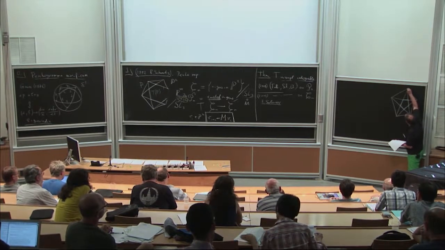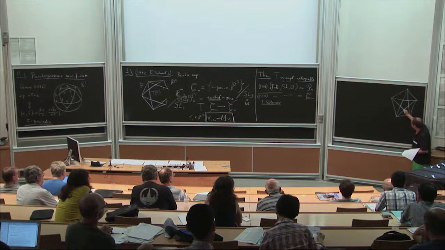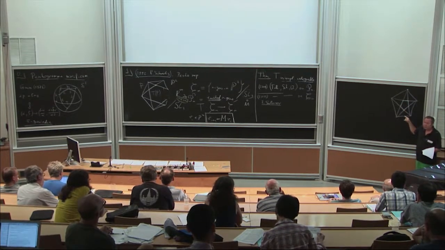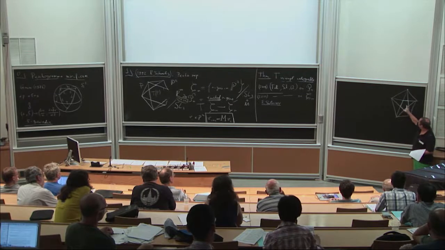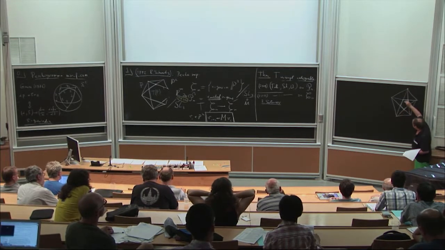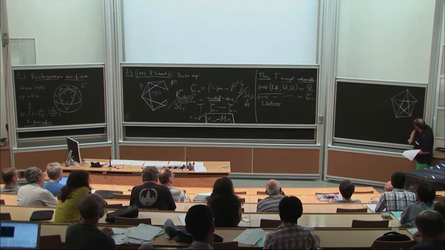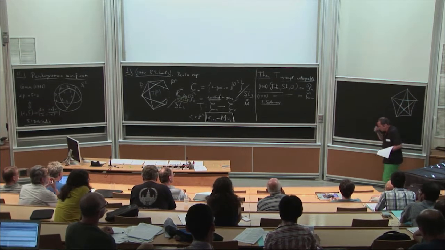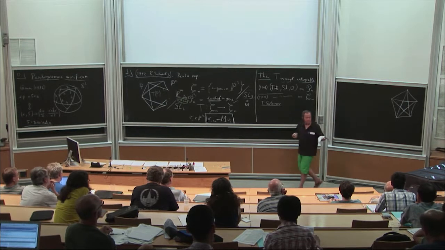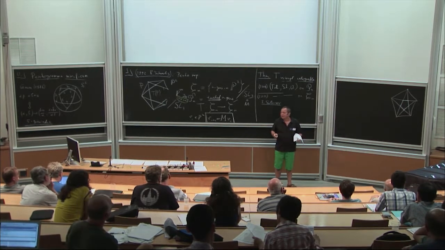So we consider this vertex, for instance, and we compare the smaller pentagon with this corresponding vertex. So let us look at the picture. Actually, what I'm trying to explain here in this first example was already known to the Greeks.